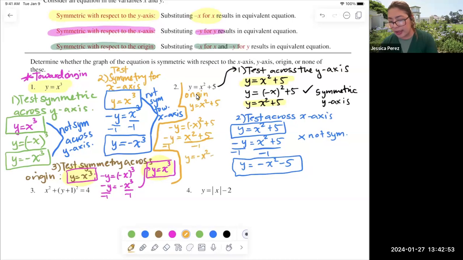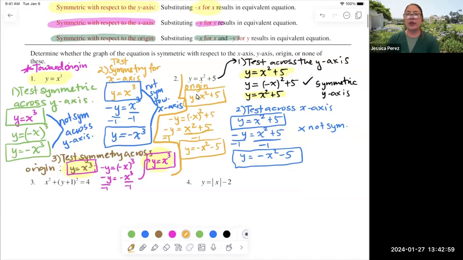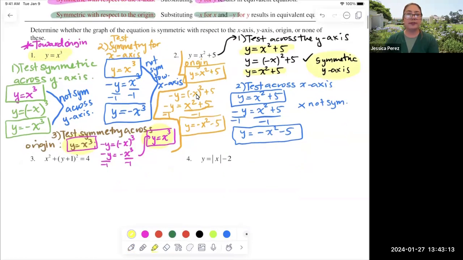So again, it's not the same. So it's not symmetric towards the origin. It is only symmetric across the y-axis. So our answer would be y equal x squared plus 5 is symmetric towards the y-axis only.